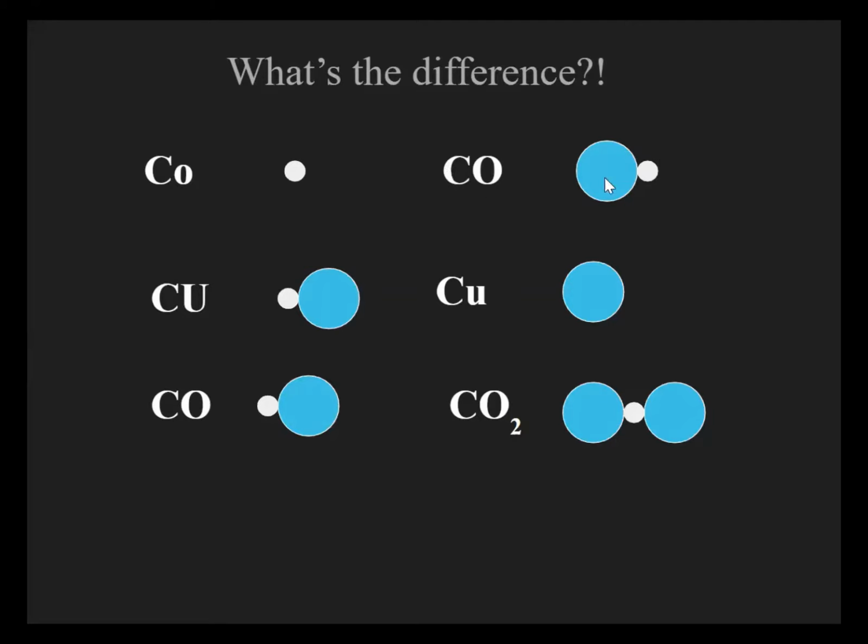Either way, it doesn't matter, carbon and oxygen. And this is carbon monoxide. This is a gas that can kill you. So a cobalt metal atom is very different from a carbon monoxide gas compound.